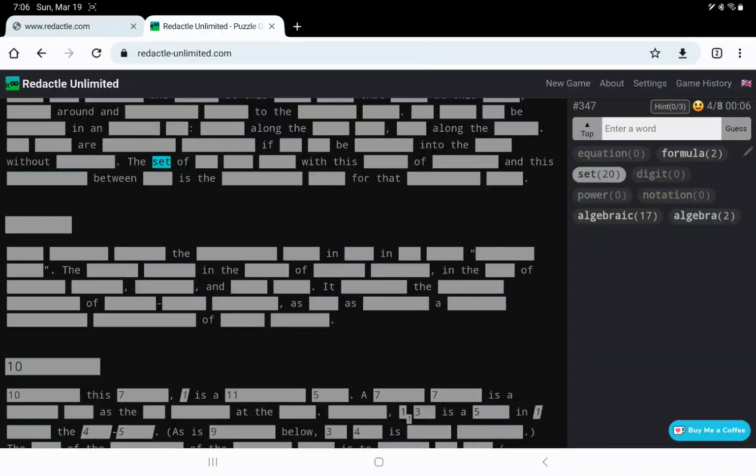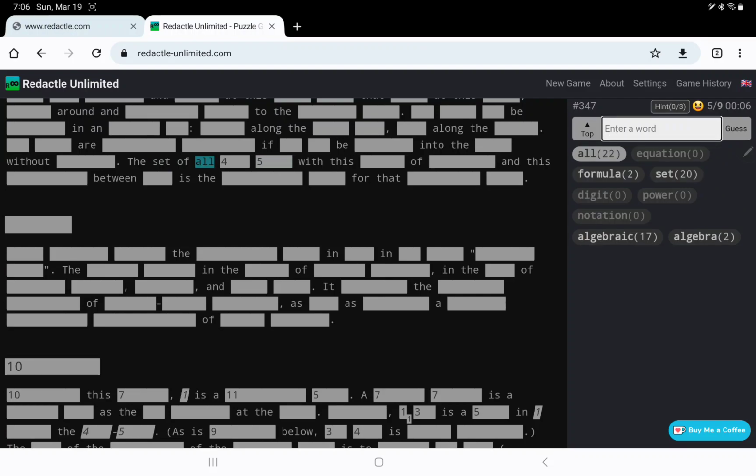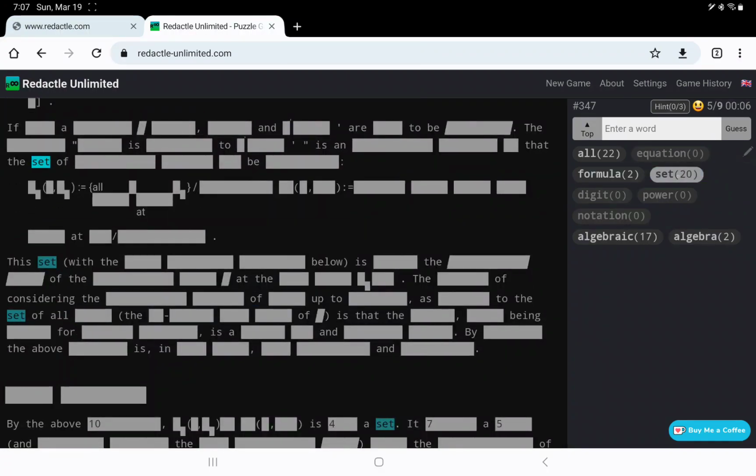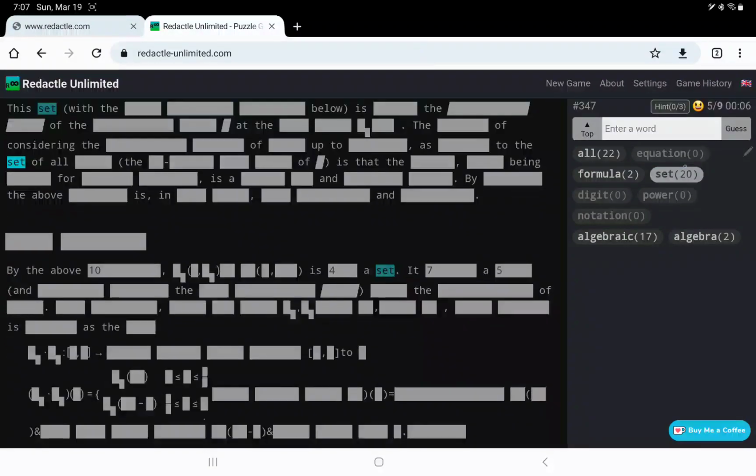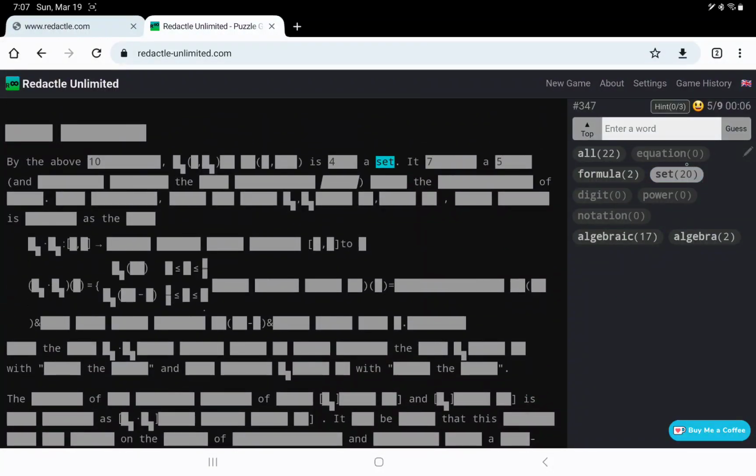Let's look at our sets. The set of all 4, 5 with this 6 of 9. Set. By the above something, and then this thing is something a set.